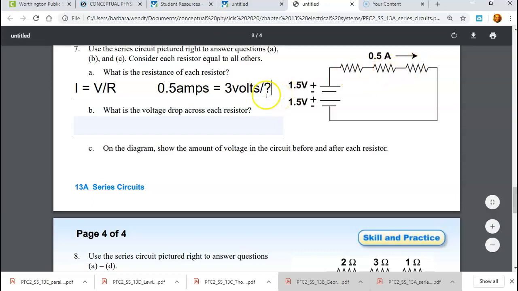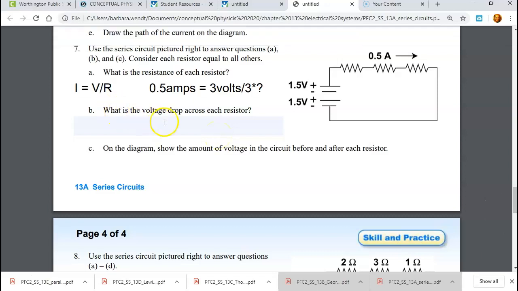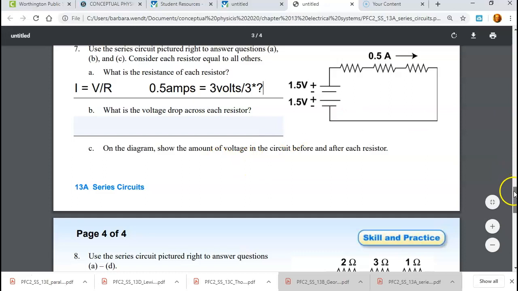Okay, so whatever that is, I better write it like that. There you go. So there are 3 resistors. I don't know what each resistor is, but I know that 3 divided by whatever that's going to be has to be 0.5 amps. Okay, so that's kind of how you'll figure that out, and then you'll figure out the voltage drop, draw the circuit just like you've done in your other problems.